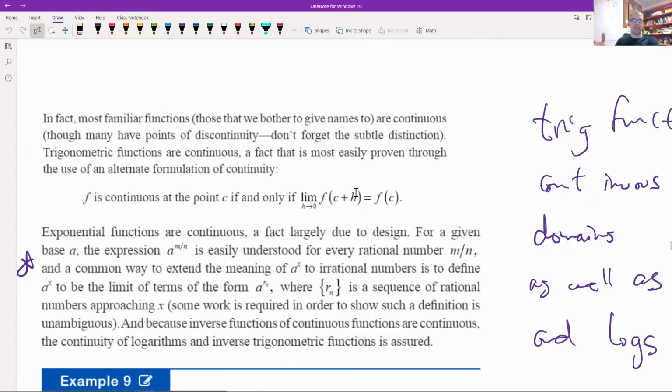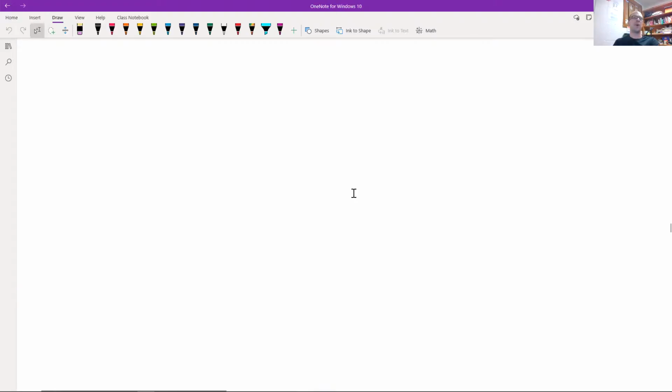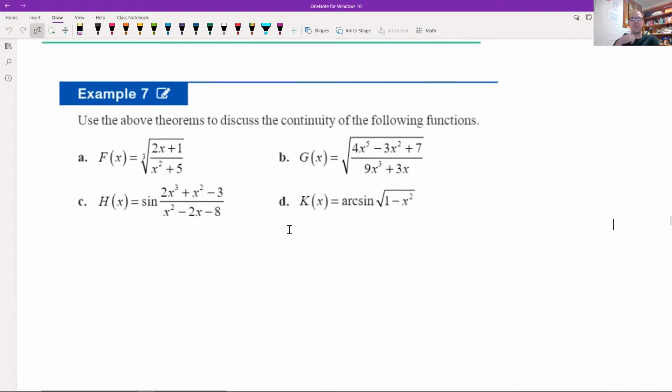Know that trig functions are going to be continuous. Know that exponential functions are going to be continuous. But going back here, maybe we can use the different properties of continuity to decompose these things that are nasty and think about when these functions will be continuous.